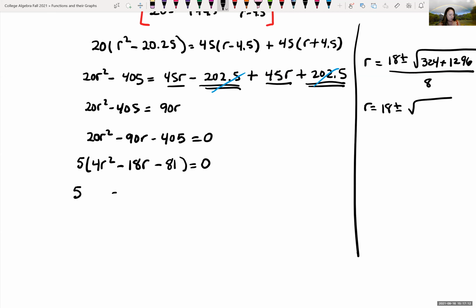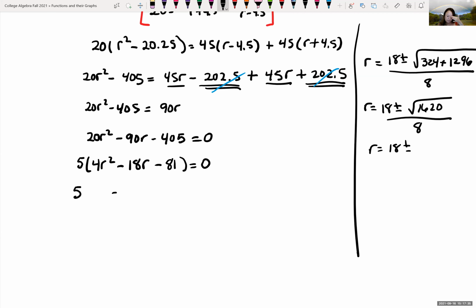So 324 plus 1,296. That gives us 1,620 all over 8. So taking the square root of that, 1,620, oops, it doesn't go evenly.